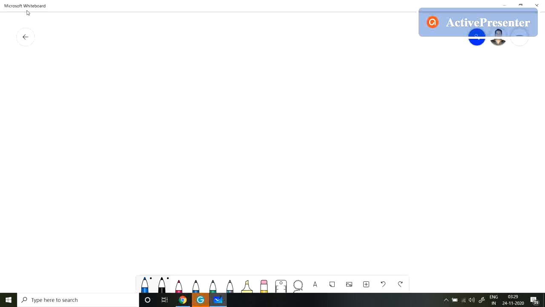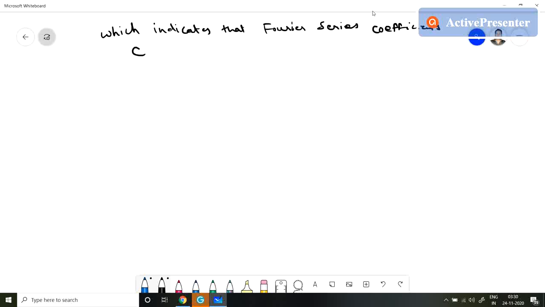So this indicates that the Fourier series coefficients Ck are periodic with fundamental period N naught.